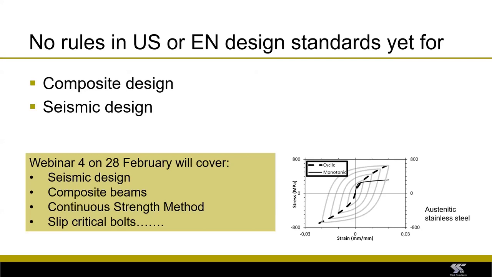Composite design in Australia and in the UK, us included, and probably elsewhere too, Singapore, I think, and seismic design. So we're going to talk through the work that we've done and others have done on these two topics in 2 weeks' time. And we're also going to talk more about the continuous strength method and new design rules for slip critical bolts, which of course are very important for structures like bridges.